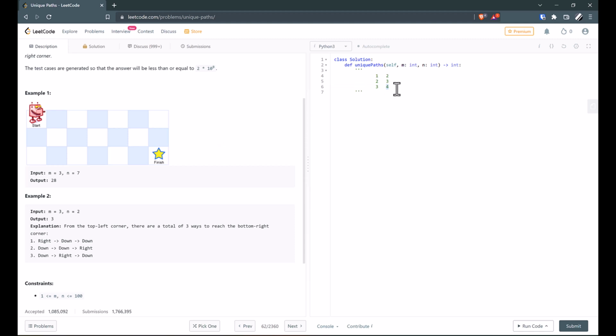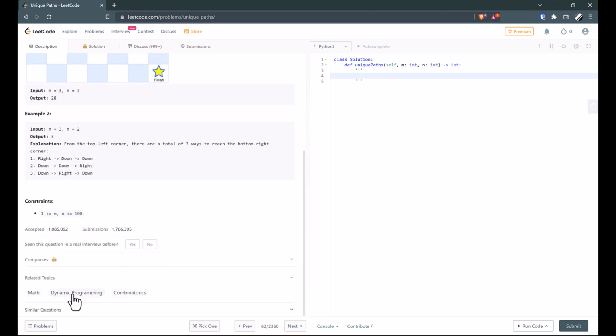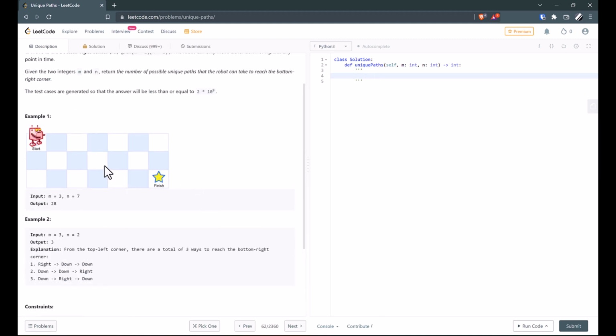Okay, so let's try and understand by breaking down this problem into smaller problems. Since we already know the related topic to this is dynamic programming, there must be some smaller solution to it, which we can in turn use to solve the bigger piece of our problem.